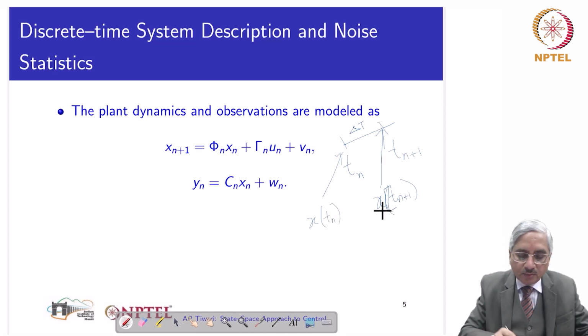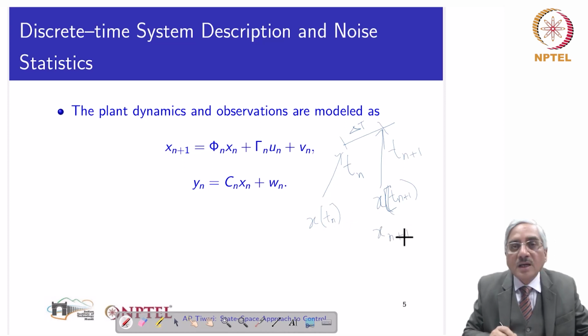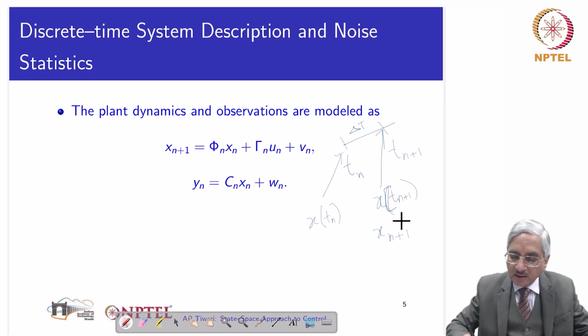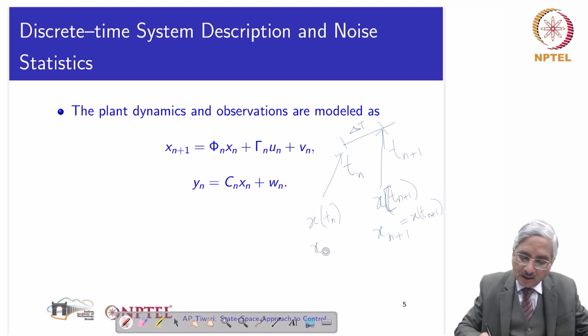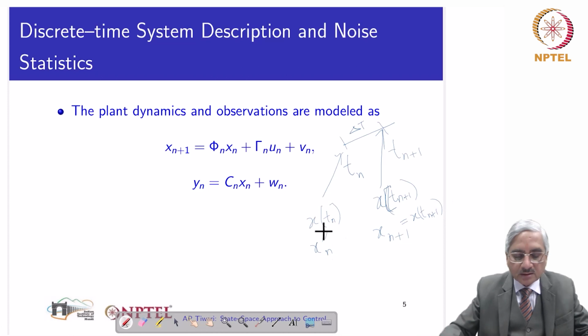Now these two we are writing in this form, xn plus 1, which we understand as x at Tn plus 1, the value of the state at time Tn plus 1, and this as xn, which means equal to x at Tn, and similarly for output. So the sample of state at time t equal to Tn is xn, the sample of state at time t equal to Tn plus 1 is xn plus 1.